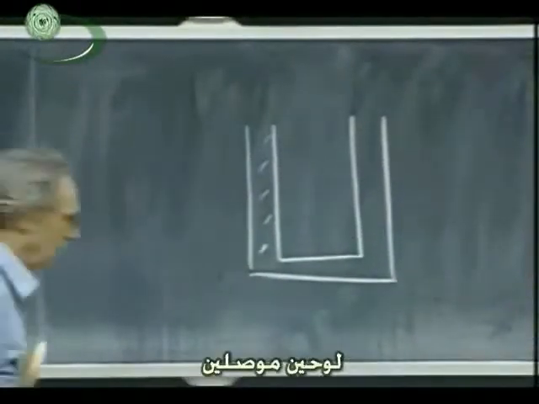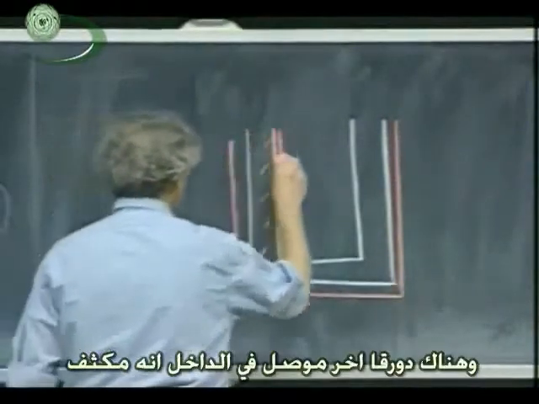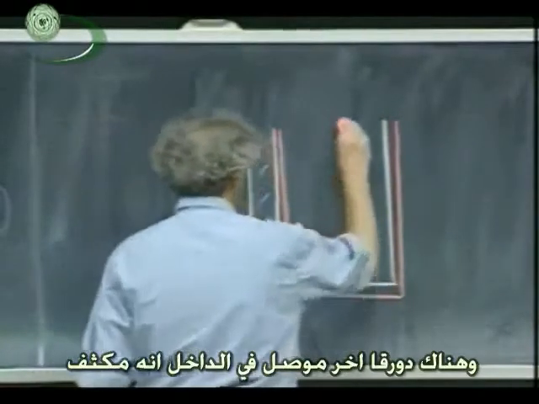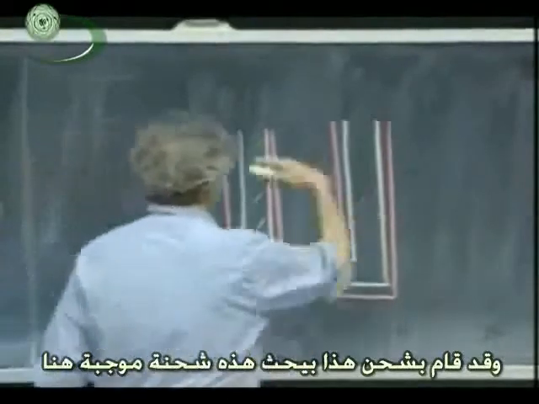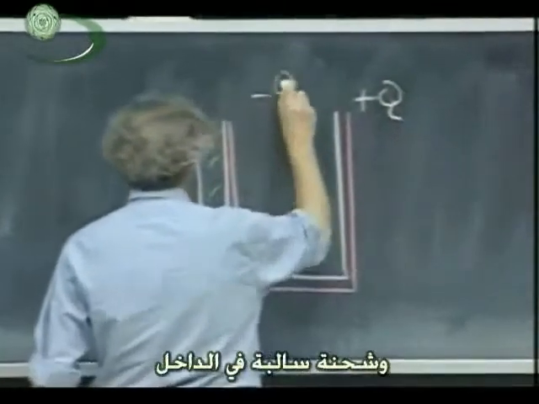And outside the insulator he has a conducting beaker, and there's a conducting beaker inside. That's a capacitor, although he didn't call it a capacitor. And so he charged these up, so you can have plus Q here and minus Q on the inside.